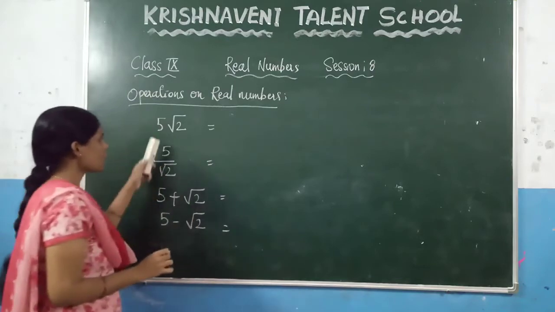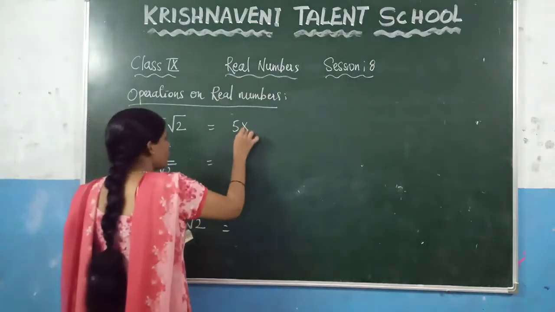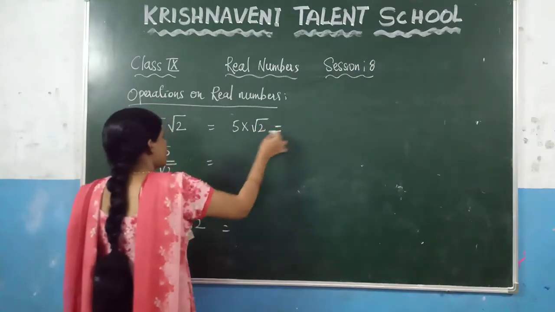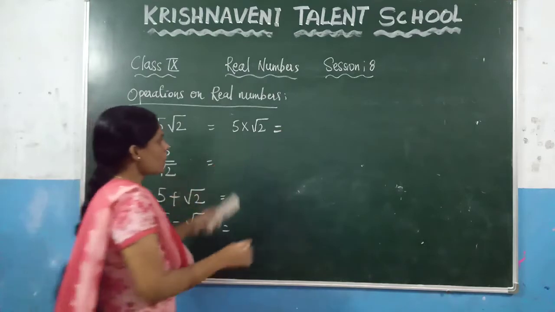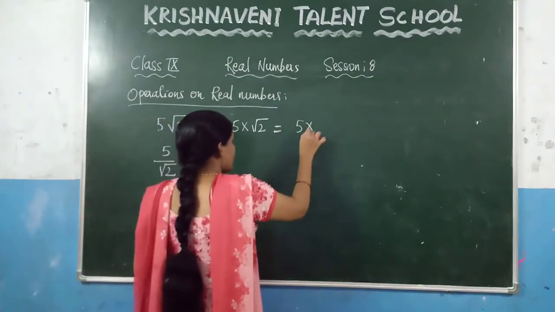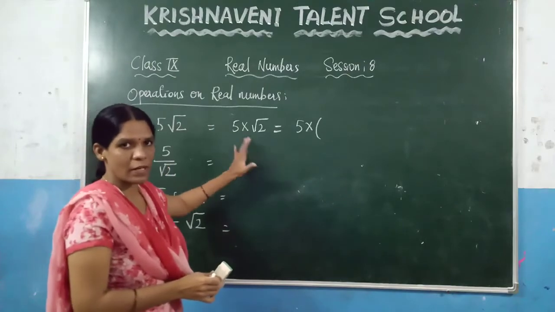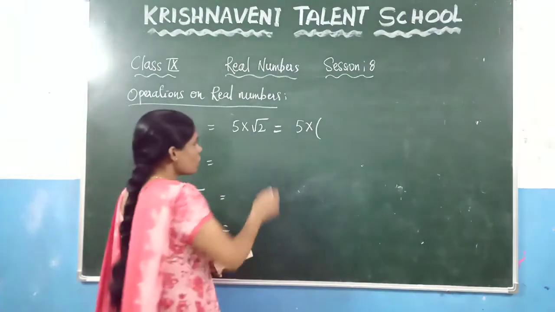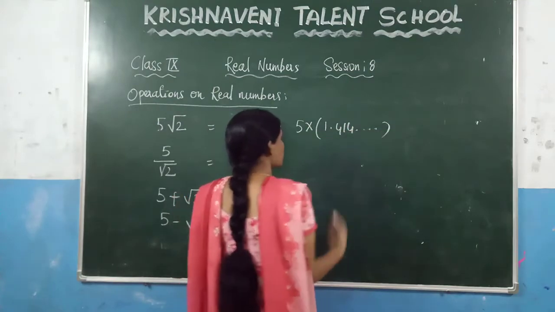What will be the result? Whether it is an irrational number or a rational number. Let us check here. What is the value of 5 root 2, which is nothing but 5 into root 2? Here, when nothing is written, it means multiplication. What is the value of root 2? In the earlier session we discussed how to find the square root of an irrational number by using the long division method. The value of root 2 is 1.414 and so on.